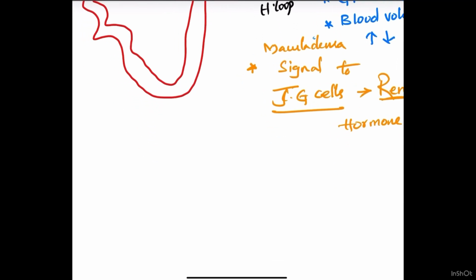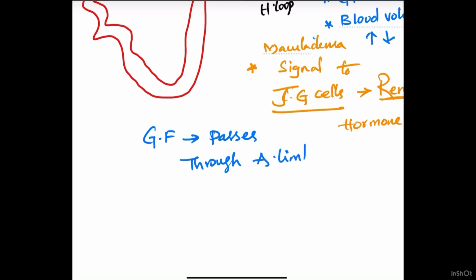Now let us see what happens. According to your medical book, when this glomerular filtrate passes through the ascending limb of Henle's loop, what happens?